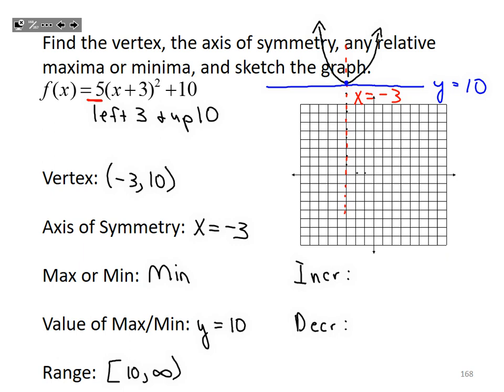And so this value here for my vertex, the -3, the x value is going to be very important. So I'm looking at where that function is increasing, where that function is decreasing. So remember that this is a quadratic function, and so I know that my domain is all real numbers. So I'm going to go from -infinity all the way to +infinity.